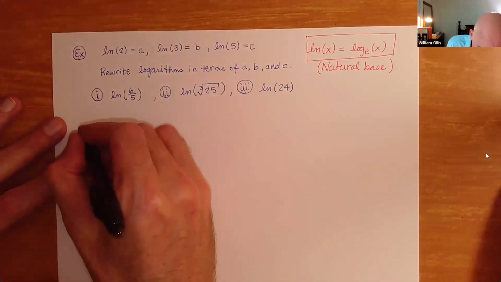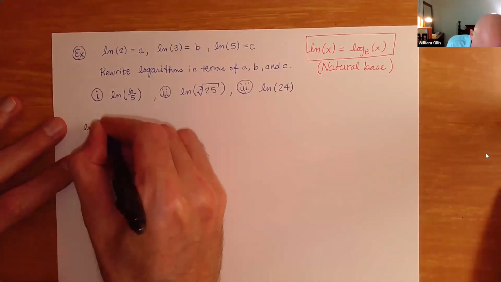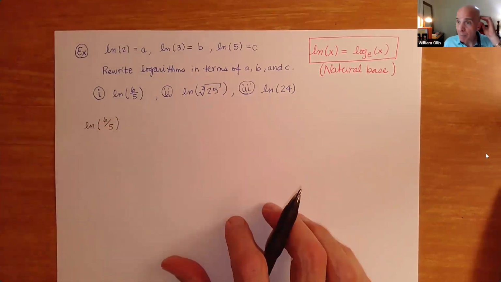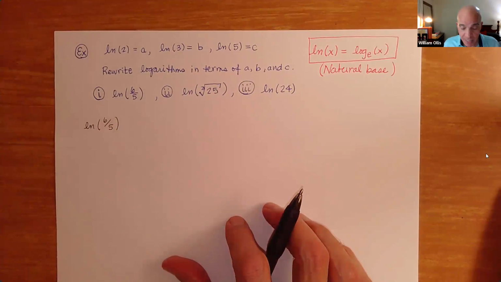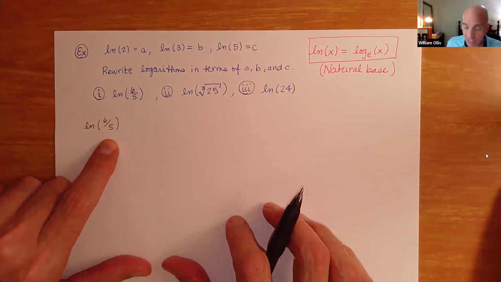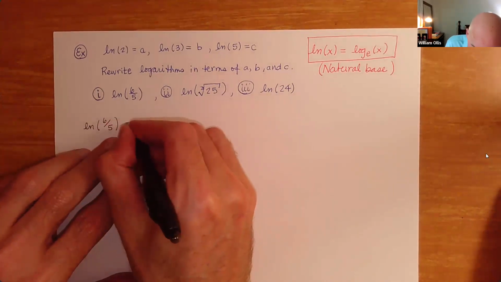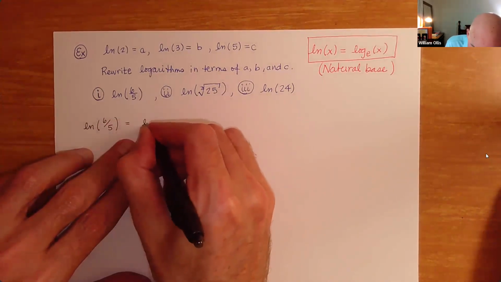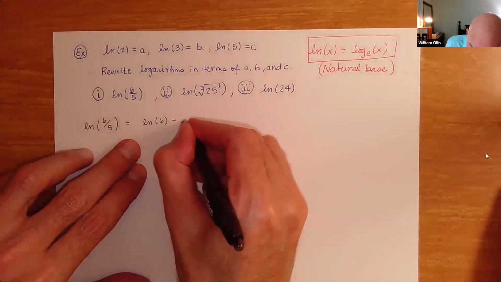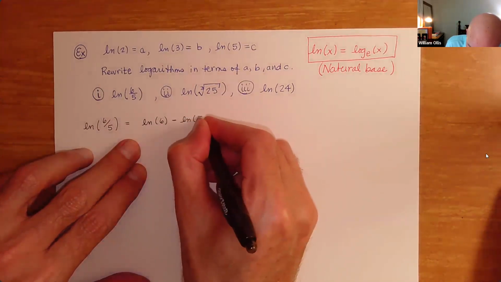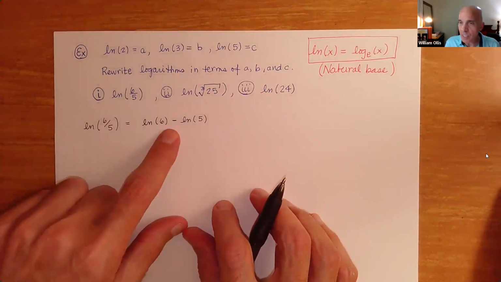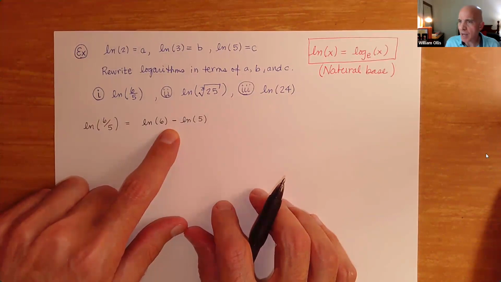So let's look at the first one, the natural log of 6 over 5. Now, if you think about the identities that we just stated, this is the log of a quotient, which can be written as the difference of logs. So this is the natural logarithm of 6 minus the natural logarithm of 5. Again, the log of a quotient is the difference of logs. Very simple, not difficult.